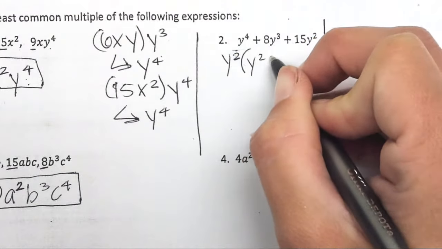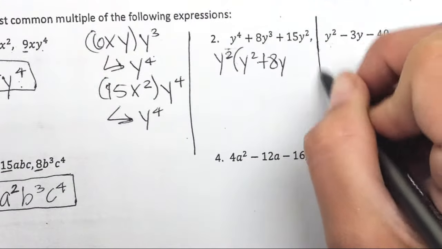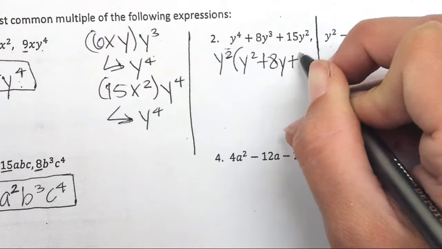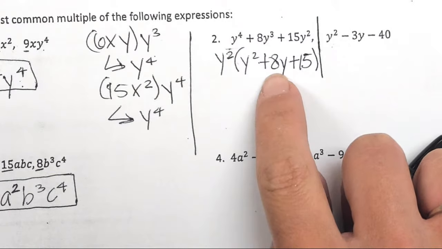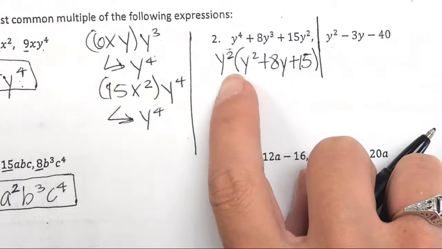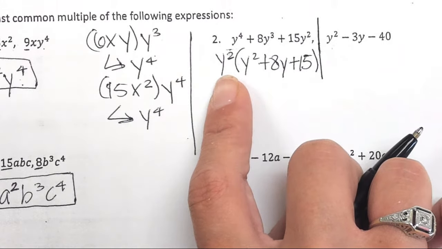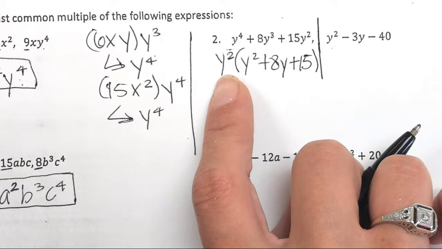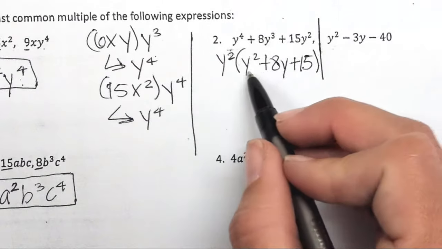Y squared plus 8y plus 15. Very good. And now can I factor this right here? Does everybody understand why we pulled out y squared? They had y squared in common. Does everybody know where we got this from? Yes? Okay. So we can factor this down even more.